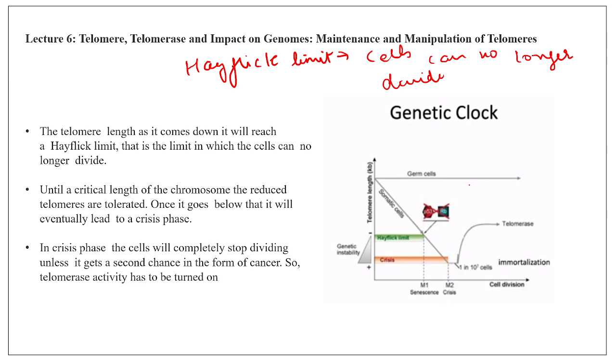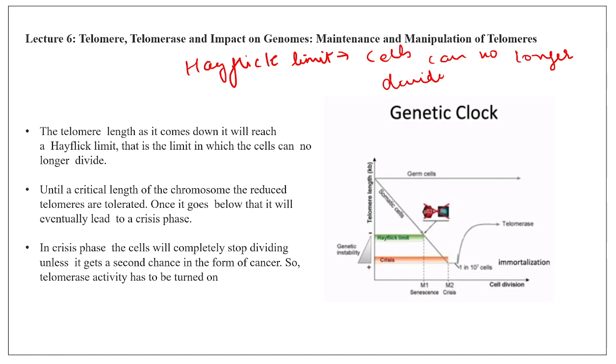Until then, the cells can tolerate the reduced length of chromosome. But once it goes beyond that, it will eventually lead to a crisis phase. In crisis phase, the cell will completely stop dividing unless it gets a second chance in the form of cancer.